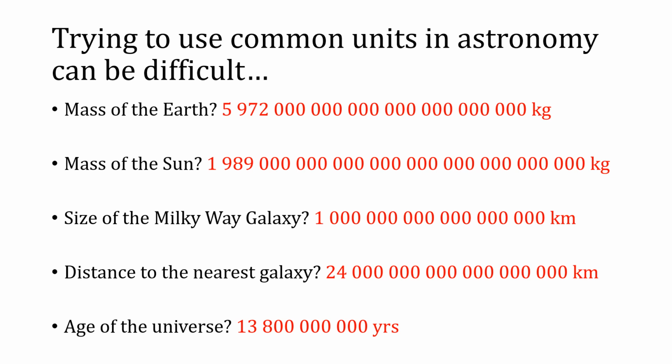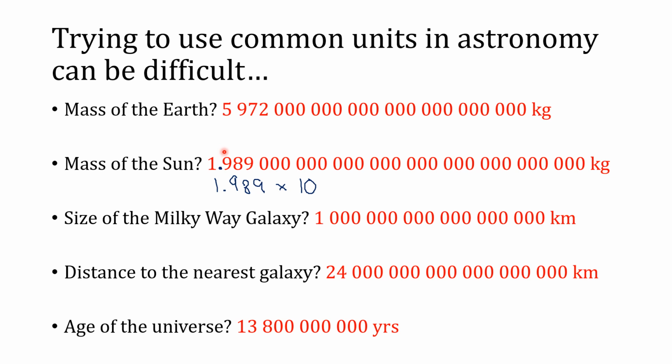So for example, for the mass of the Sun, we could introduce a decimal point right there, and then write it out as 1.989 times 10, and then we need to figure out the exponent. And the exponent, if you remember, is however many digits appear after the decimal point in the original number once we introduce that new decimal point.